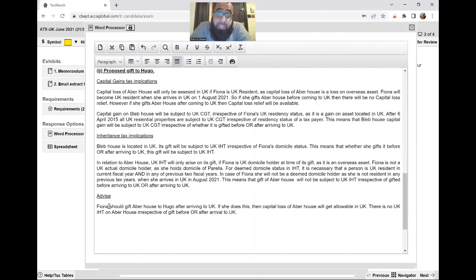So we have to save her tax. We don't have to get her stuck. So Aber House is advisable, and after arriving in the UK, so that the loss is allowable. And there is no IHT on Aber House irrespective of when you gift, because you are not a domicile holder.